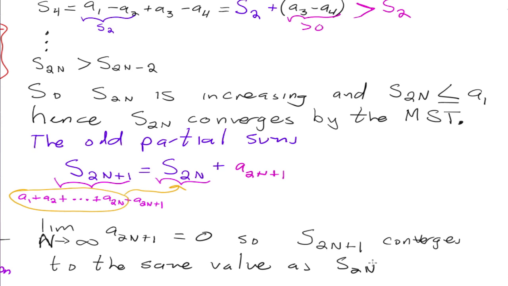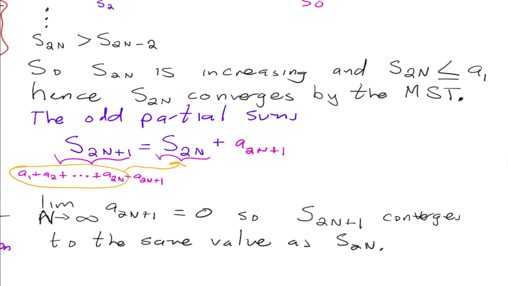So they both converge to the same thing, which is what you would expect, right? It makes sense. So since the partial sums converge, then that means that the series converges, right? That's the definition.